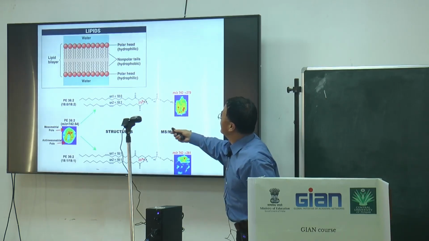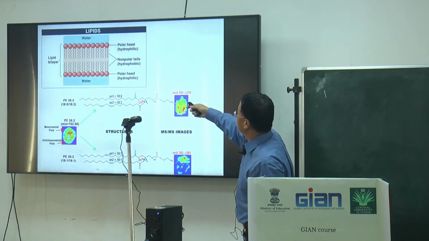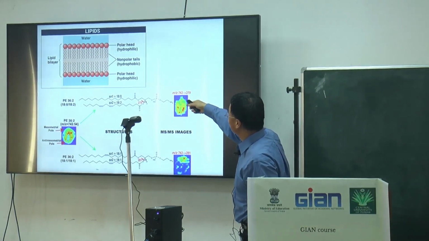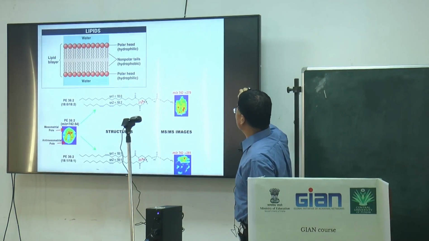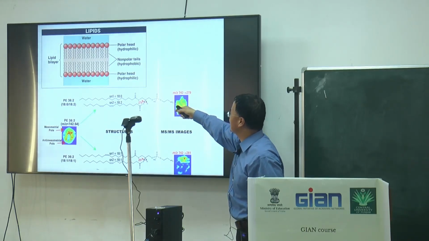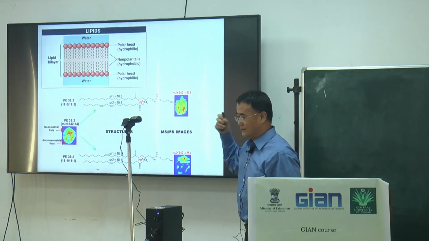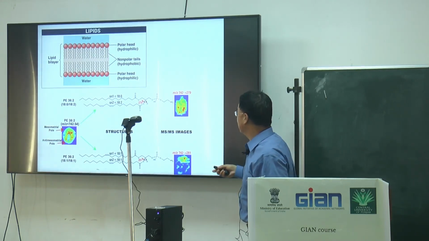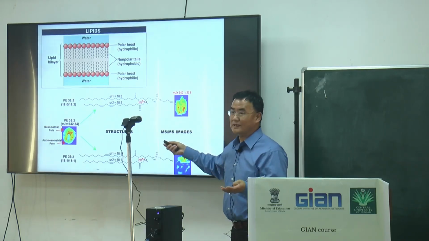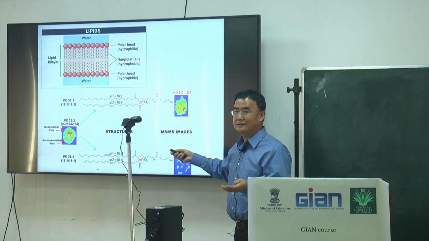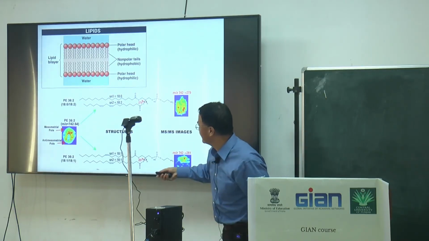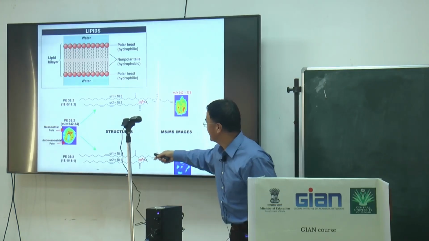For example, there are polar lipids and non-polar, hydrophobic lipids. A polar lipid has a polar head, usually several compounds, for example PE, ethanolamine, which is the polar head, and choline, which is PC.